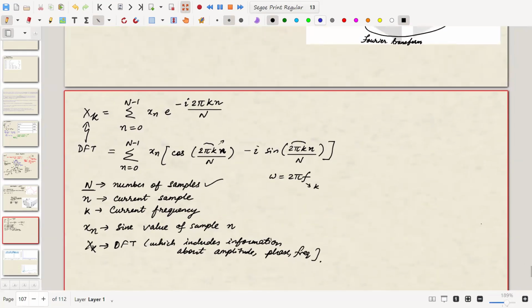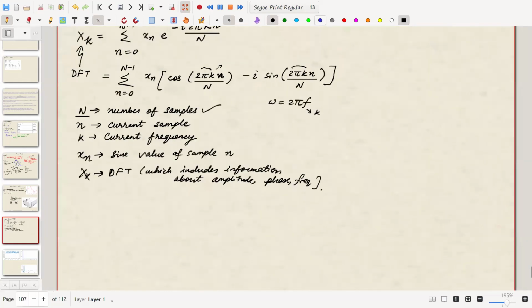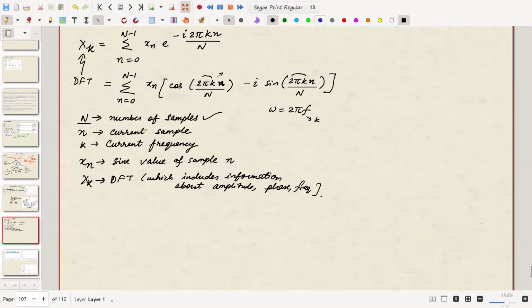All the information is packaged in this capital X sub k variable, and that's the DFT. So DFT is a frequency domain interpretation of the original input sequence. Are you able to digest this?